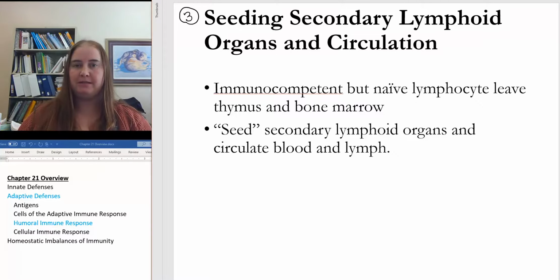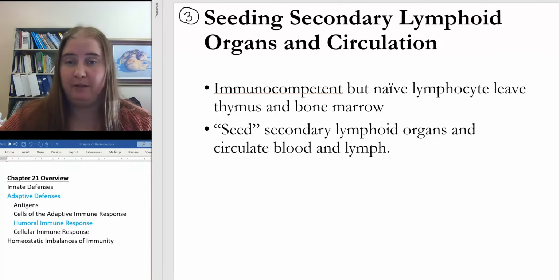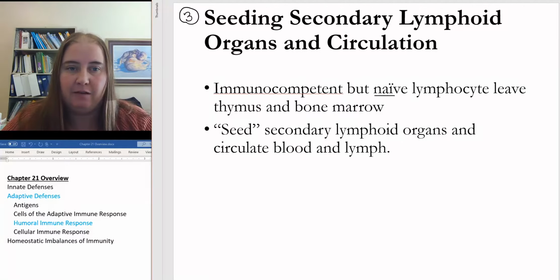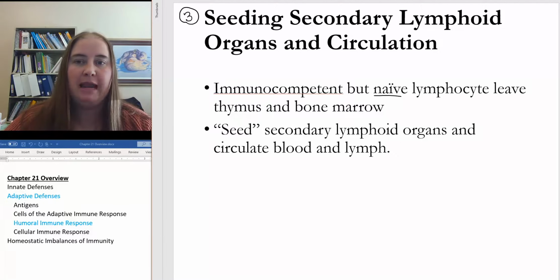So those cells leave the bone marrow and leave the thymus and are educated, okay? They've gone through the tests. They know what they're supposed to be doing, okay? But they're still naive, which means they've never encountered a pathogen or a foreign antigen yet, okay?